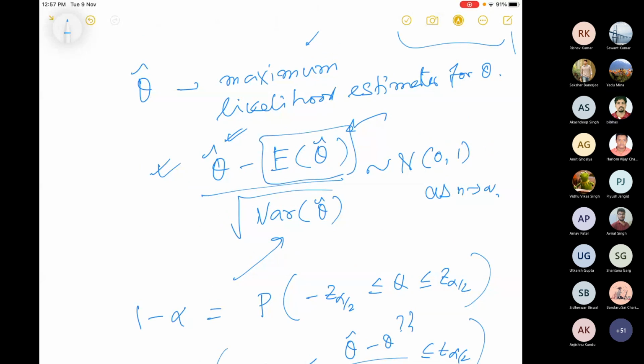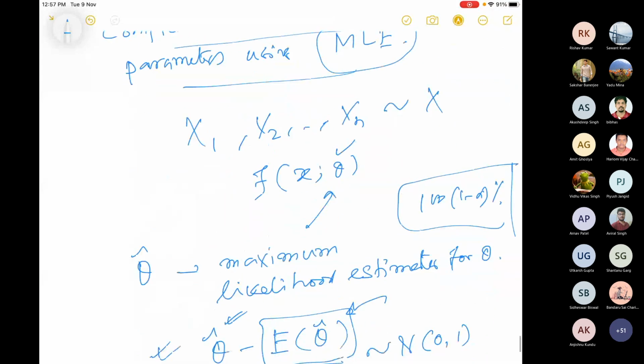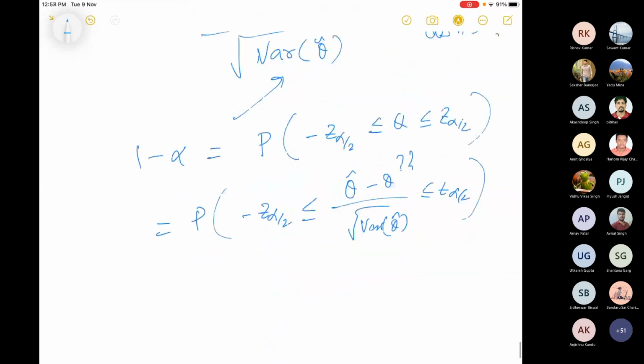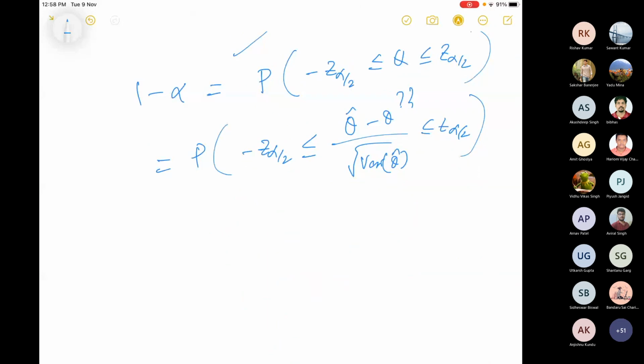Because I'm assuming here, or this is in general true, that for the maximum likelihood estimator, the expectation of theta hat is equal to theta. This was a property of an estimator. Unbiased or biased? Okay, think about this. It's just a question.